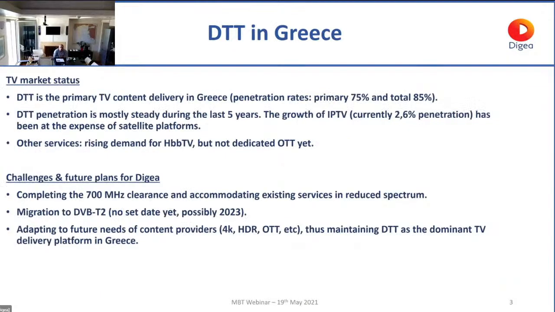So now a few facts about the DTT market in Greece overall. Greece is a market where cable TV has not been developed at all. So the traditional means of TV service offering is through free-to-air terrestrial channels.